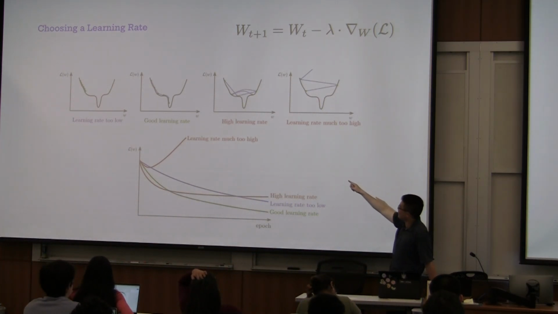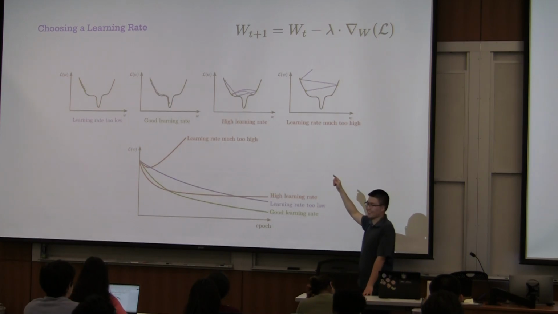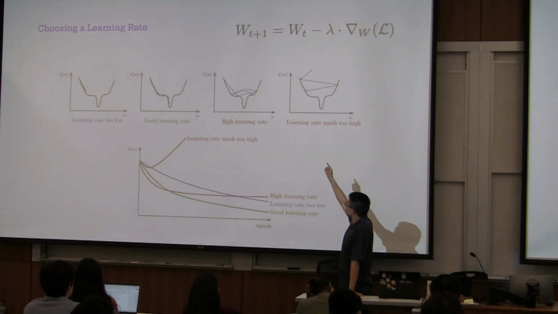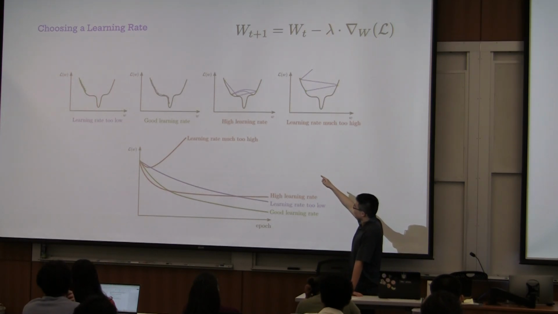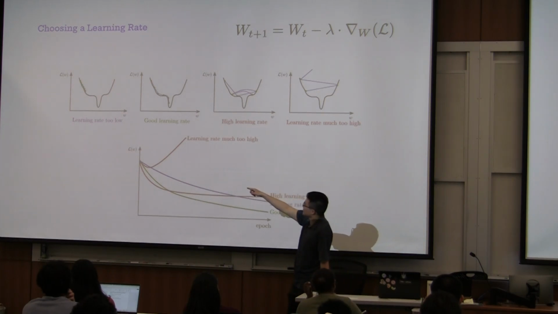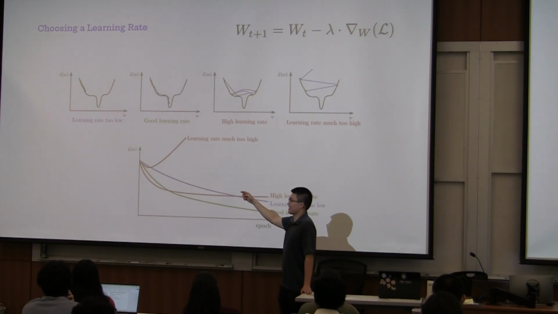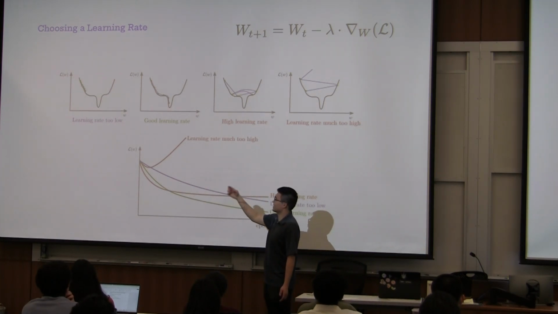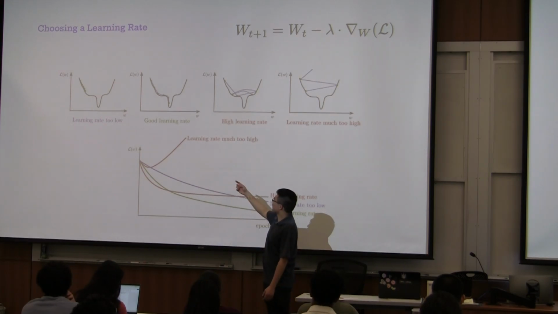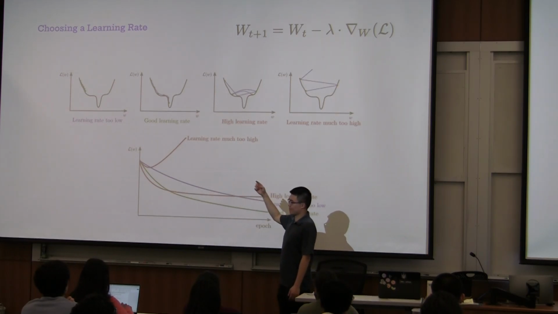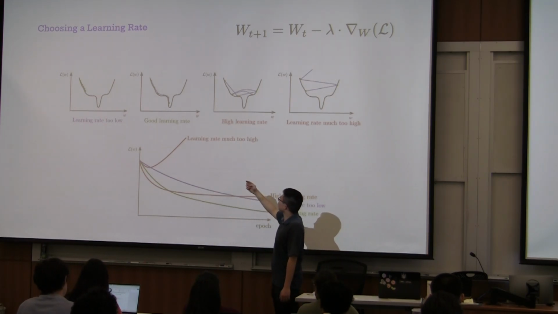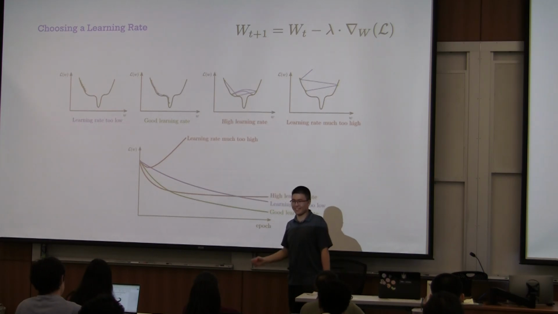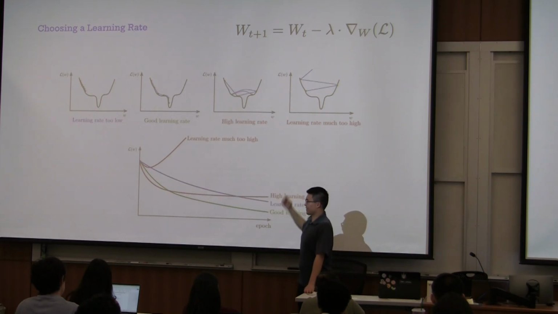If it was high, it might settle around a neighborhood of the minimum, but not actually get to the minimum. And if it was too low, it'll just be super slow. It'll take a lot of iterations to get to the minimum. So we want to find a good learning rate that's both pretty fast and also doesn't diverge, right?